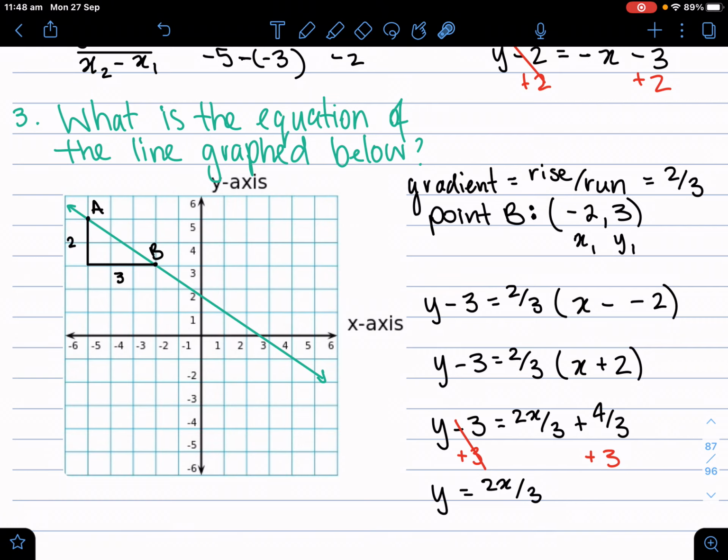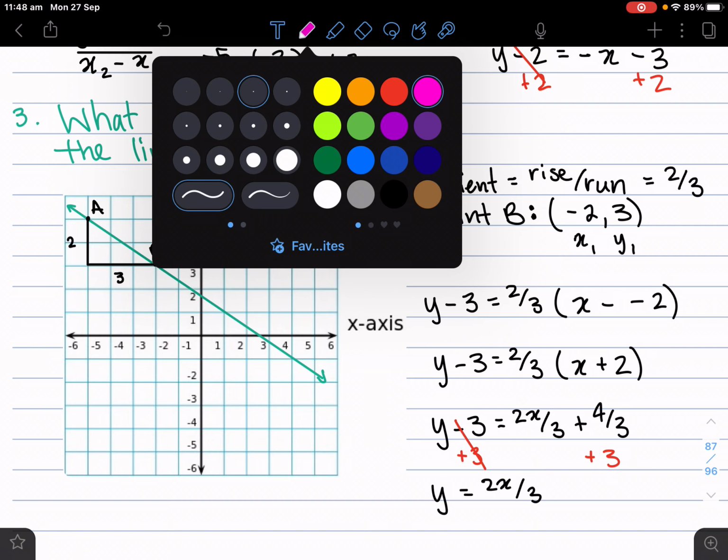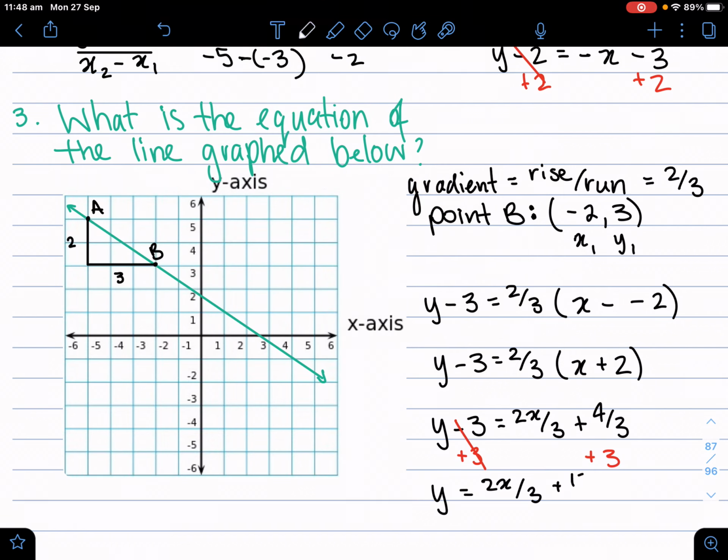So 4 over 3 plus 3 is 13 over 3. So now I have my gradient and I have my y-intercept. My gradient being 2 over 3 and my y-intercept being 13 over 3. I have my equation of this line here.